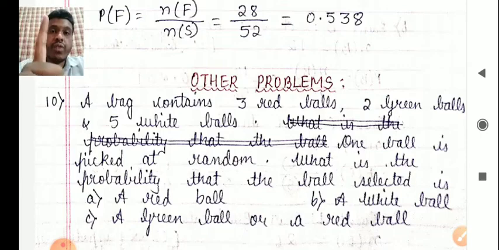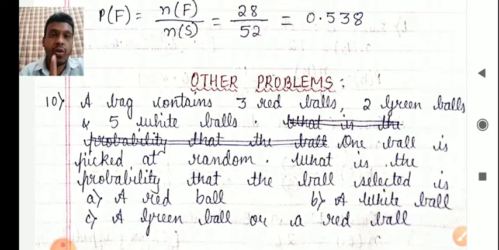Remember, this selection of one ball is important, because when more than one ball is selected, that is two balls, three balls, the way of solution, the way of counting, is a little different. Whenever only one card is drawn, one ball is selected, or one coin is tossed, the problem is quite easy.